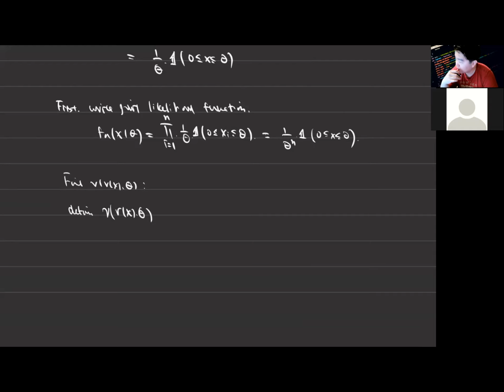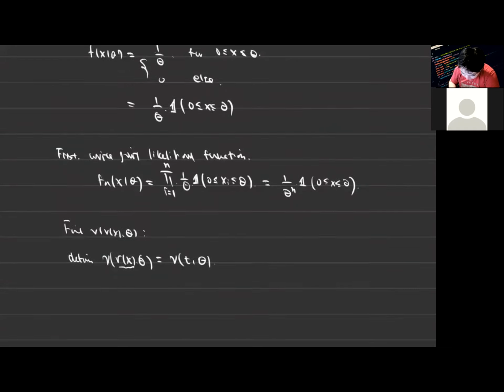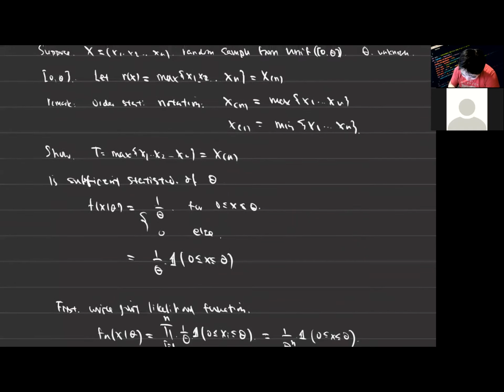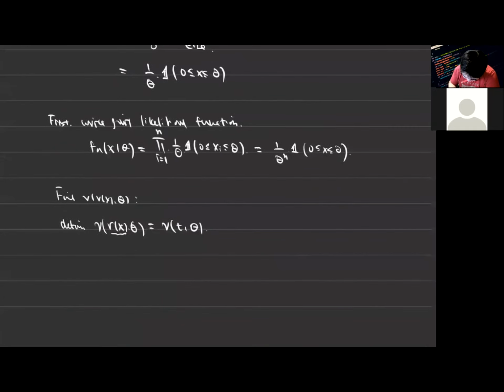Technically speaking, instead of writing it this way, I should really be writing it as t, theta. The reason is that this statistic t here is actually a moving piece. That's why I'm using this small t here. It's because we have x1 all the way to xn, and they're moving pieces that help us define what r of x is, which is your sufficient statistic.